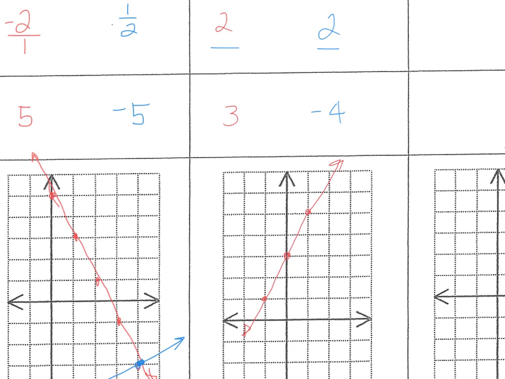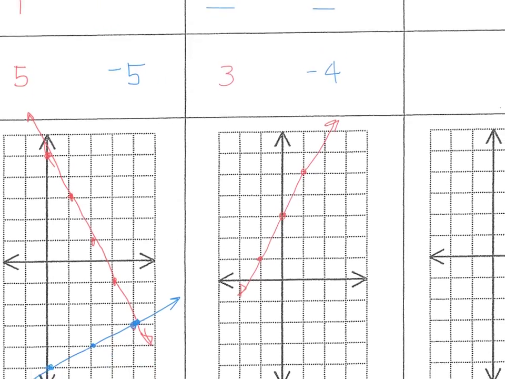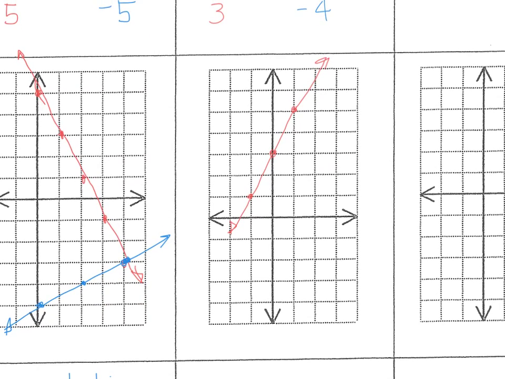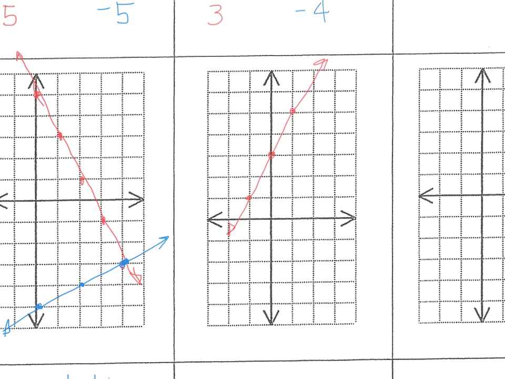For the other one, we have a y-intercept of -4, which is down here, and still the same slope. So 1 over, 2 up. 1 over, and 2 up.